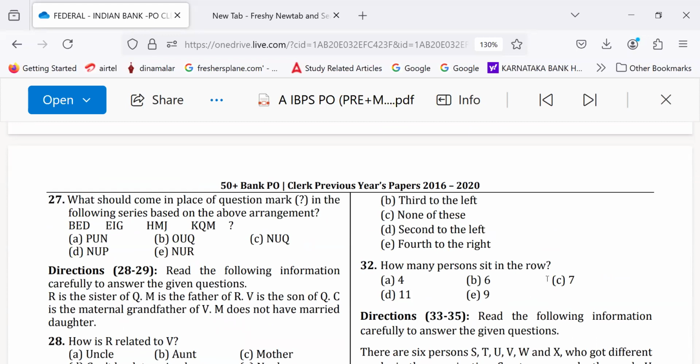9, sir. How do you get that? 4 people up to Ranjan, then 5, 6, totally 9. So the answer for 32 is again E, that is 9. If you want, I will show. That's what the picture is.